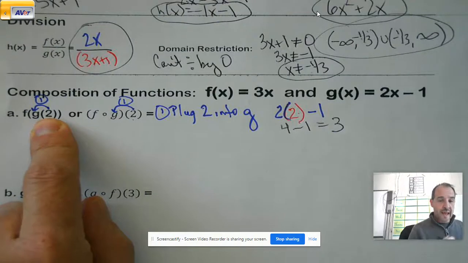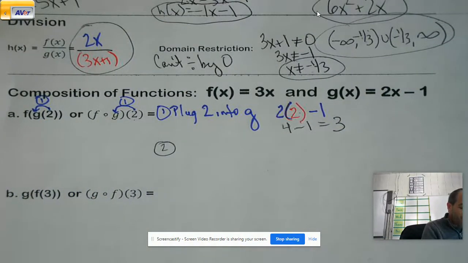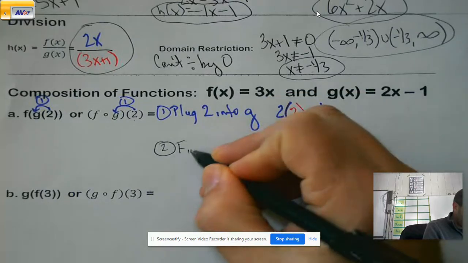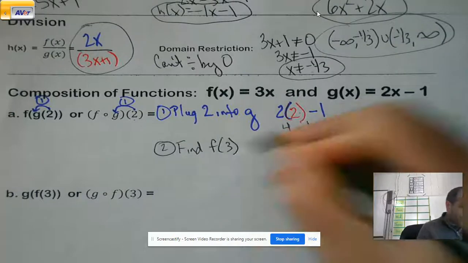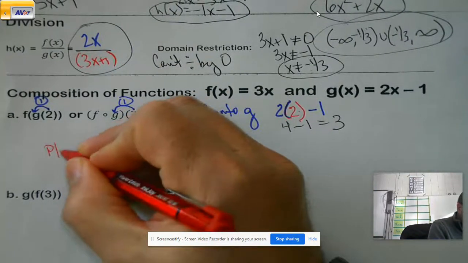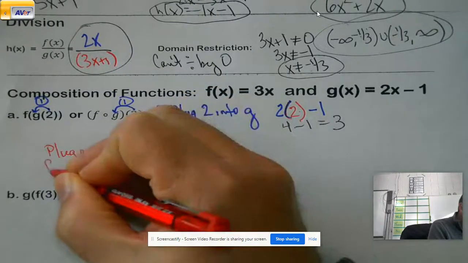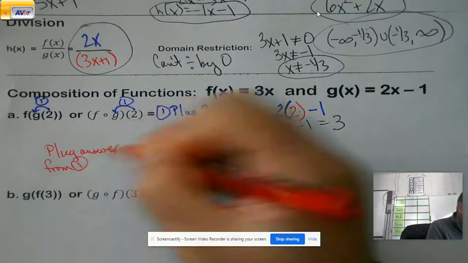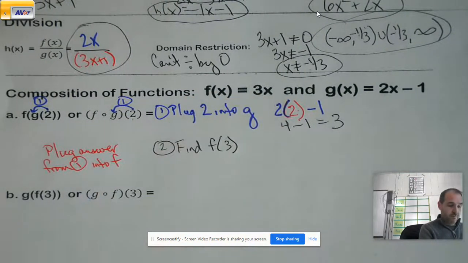So now what does that mean? What that means now is that I'm trying to find f of 3. In other words, we're going to plug the answer from part 1 into our f function.